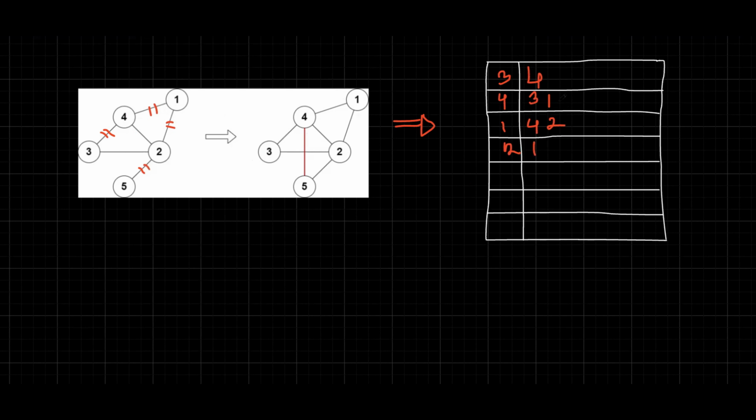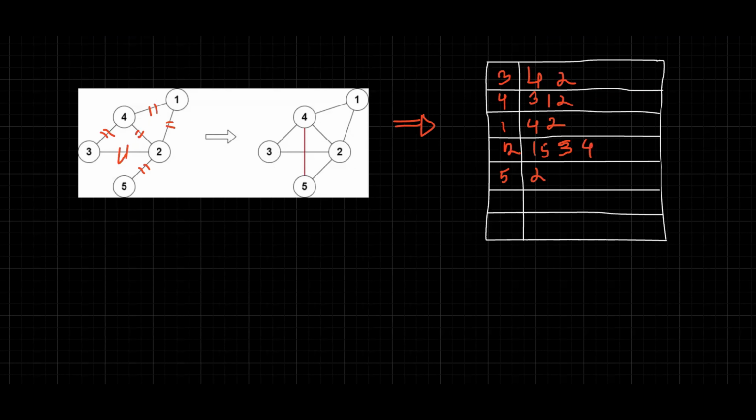For this, in the 5, we will add 2, and in the 2, we will add 5. For this, in the 3, we will add 2, and in the 2, we will add 3.